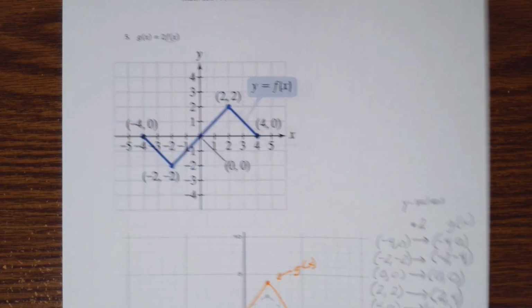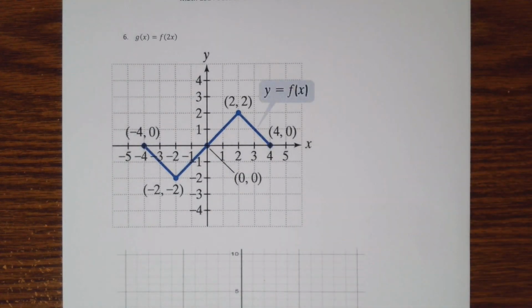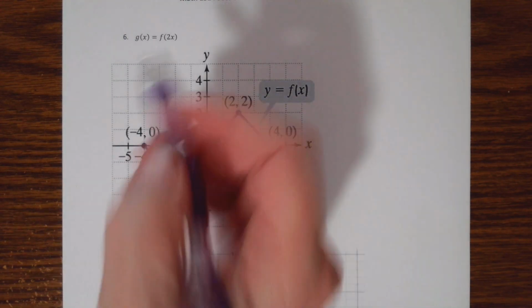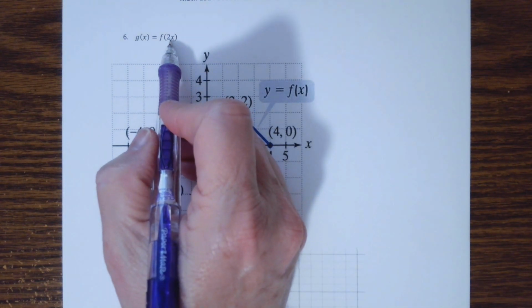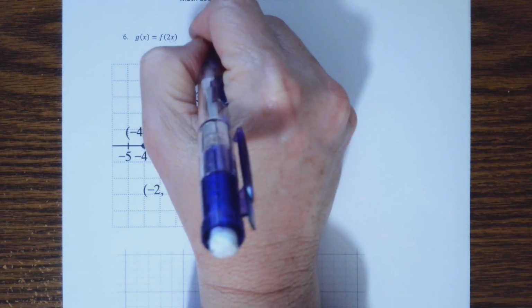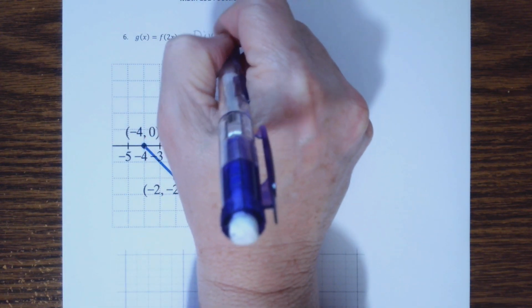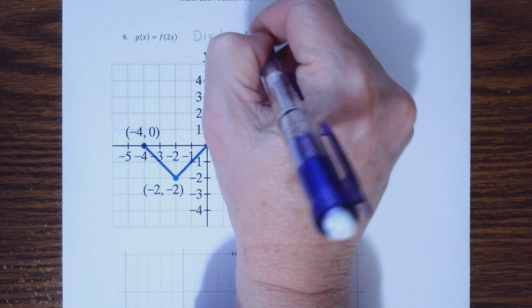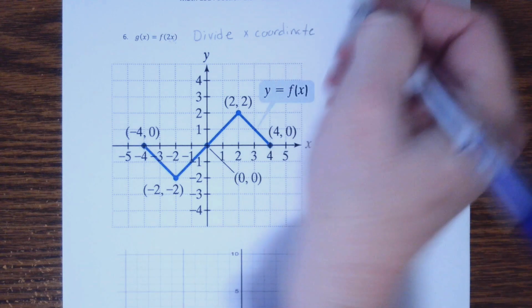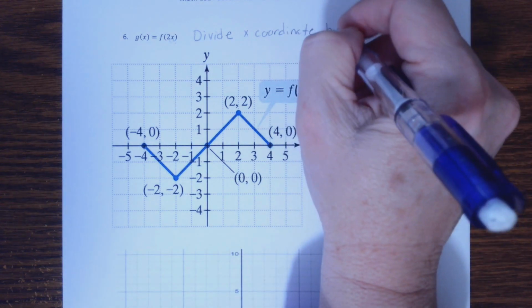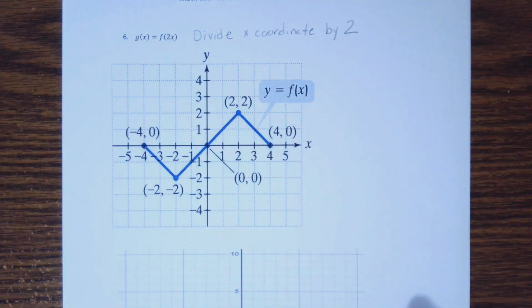Let's look at number 6. Number 6 says our new g of x is equal to f of 2x. Notice that the 2 is with the x. So this is telling us to divide our x coordinates by whatever that value is, which for us is 2.